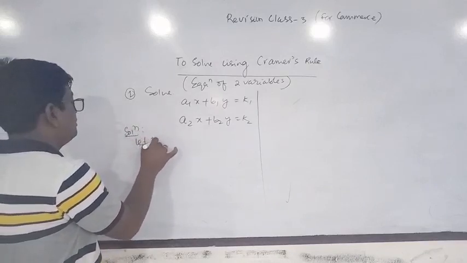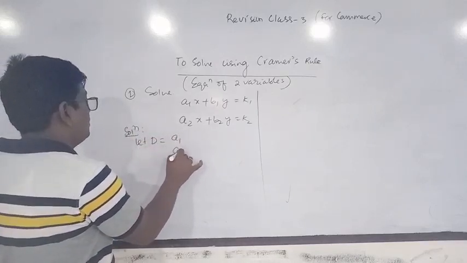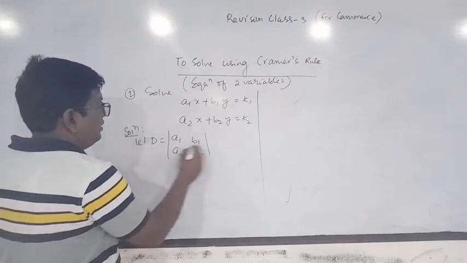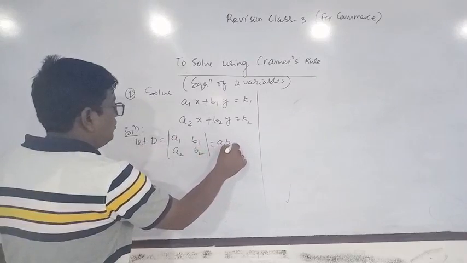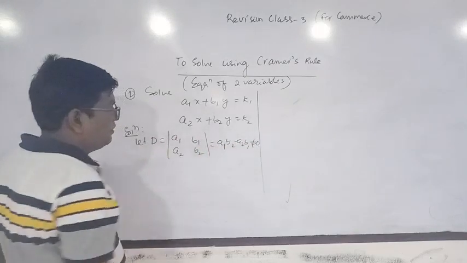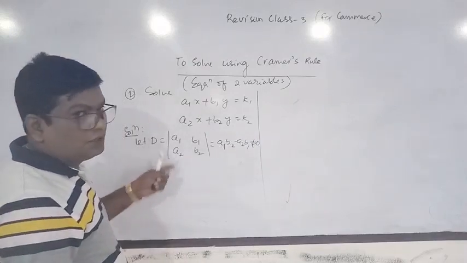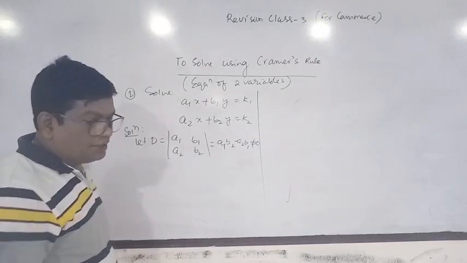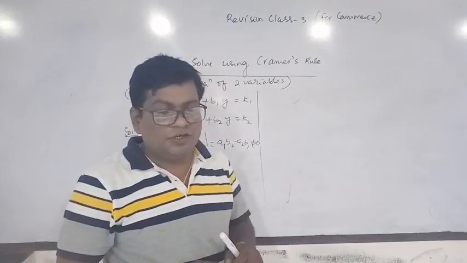Let D be the determinant with rows a1, b1 and a2, b2, and find its value: a1b2 minus a2b1. This should not be 0. If the determinant is equal to 0, then Cramer's rule is not applicable.